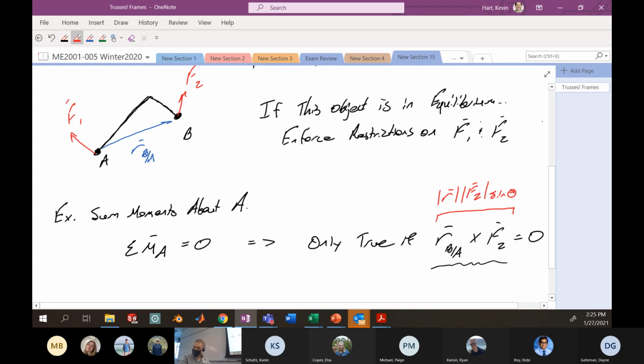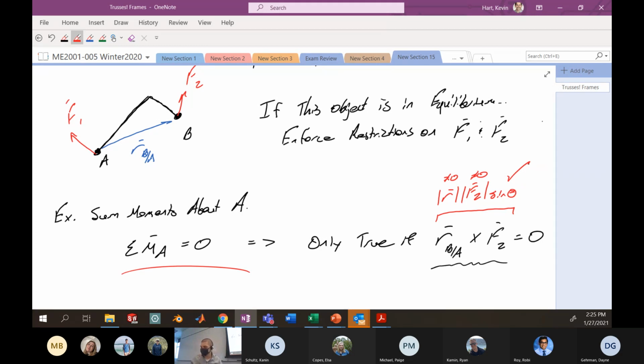So if we care about a situation where we're enforcing this equilibrium, then the only situation where this could be true is if this particular cross product is equal to 0. Or what we're saying is, if the position vector is not equal to 0 and the force vector is not equal to 0, then the only situation that's true is when the sine of this angle theta is equal to 0.